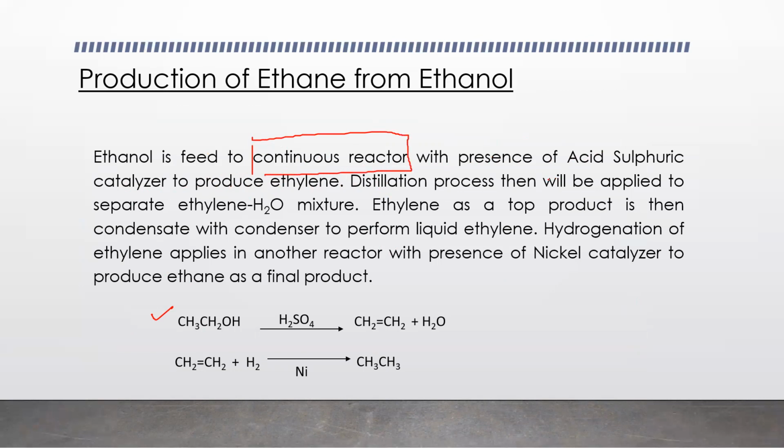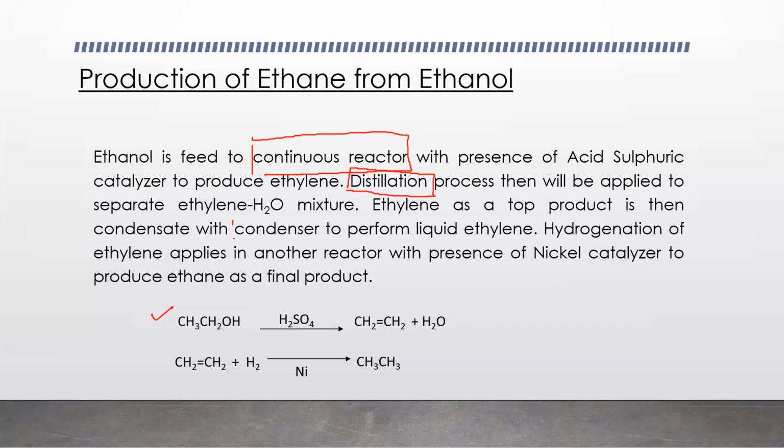Distillation process then will be applied to separate ethylene water mixture. So the next unit, the next operation that we have identified is distillation. All right. Then ethylene as a top product is then condensed with a condenser to form liquid ethylene.